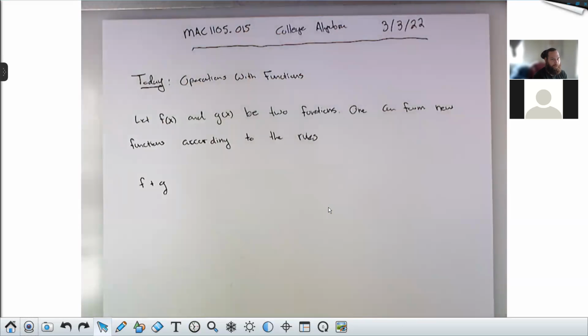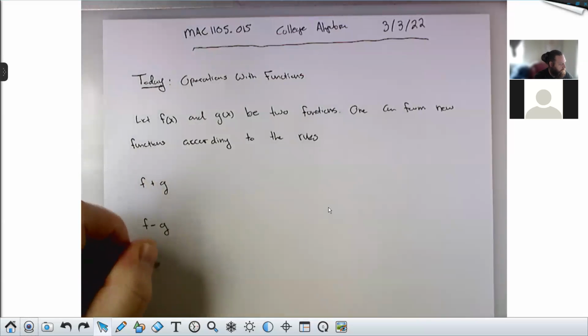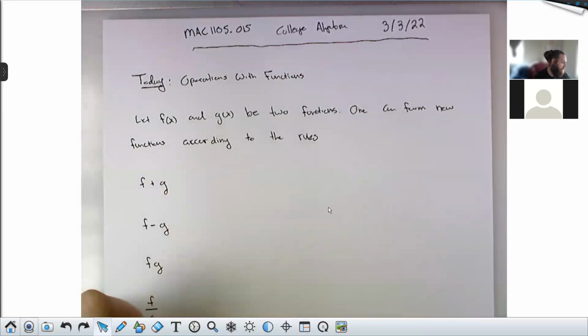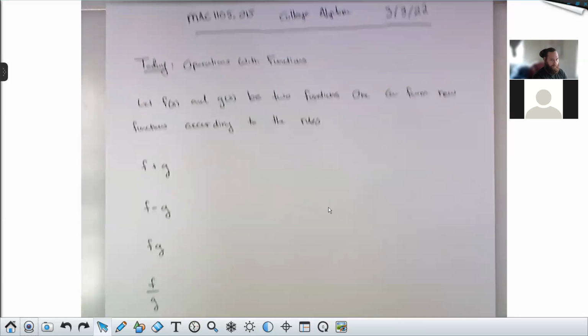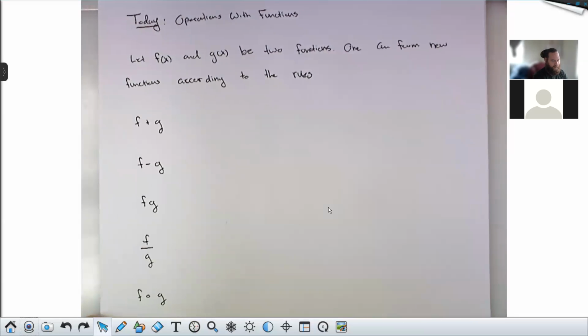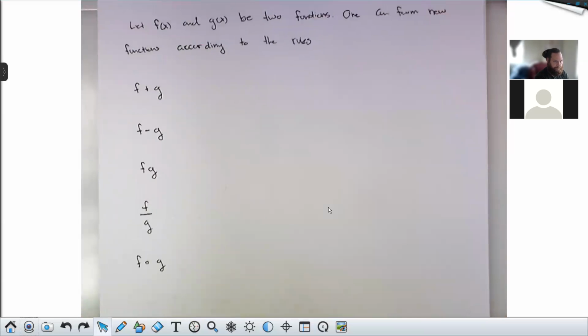That's going to be the name of the new function, and it's going to be defined exactly how you think it is. We're going to define a new function called f minus g, a new function called f times g, a new function called f over g, and then the special one down here is the composite f of g. And some people read that as fog, and there are some silly jokes or mnemonics that will help you remember what each of these things do.